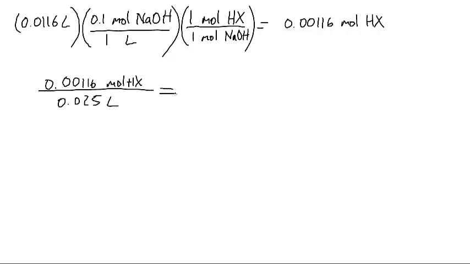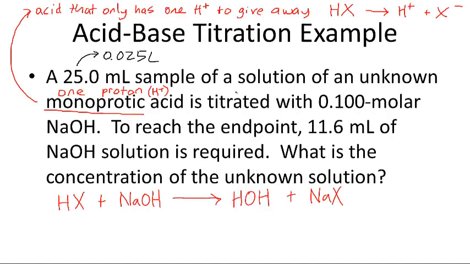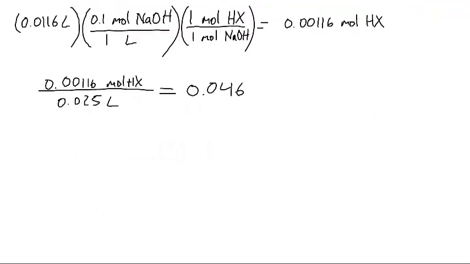And so concentration is going to be 0.046. I'll go with my rule of 3 sig figs. Everything in the problem had 3 sig figs. So 0.0464.